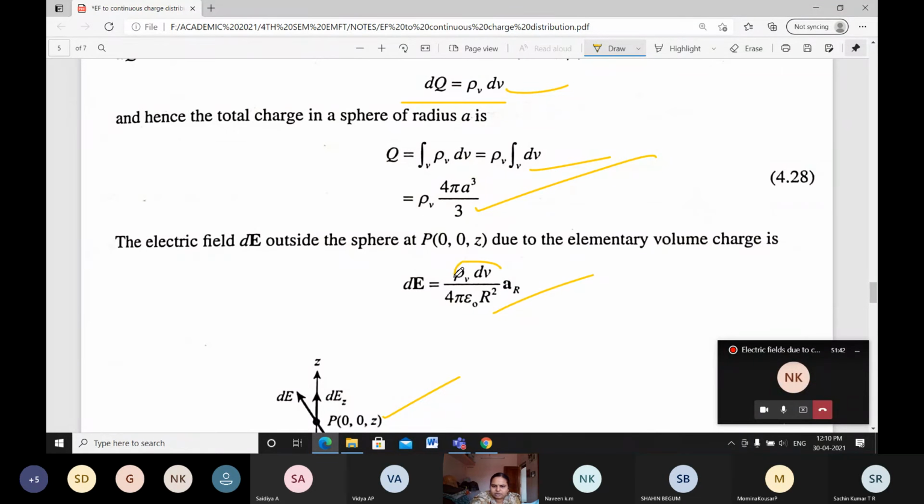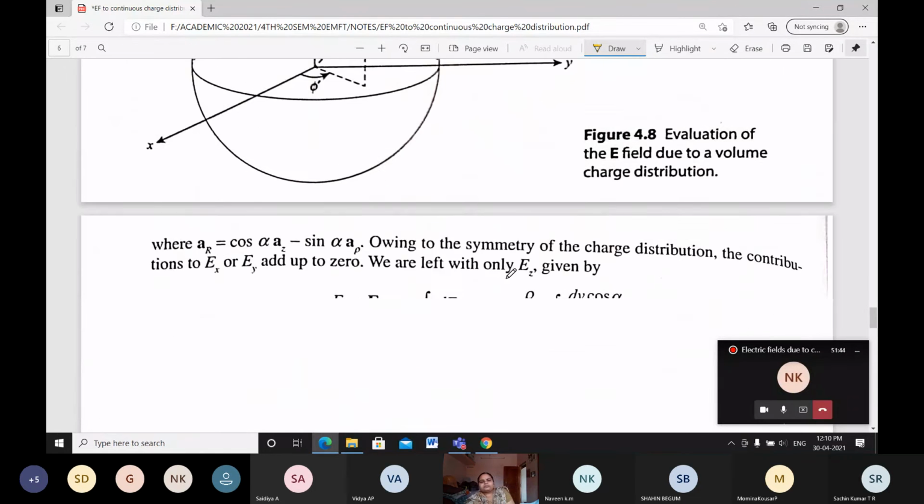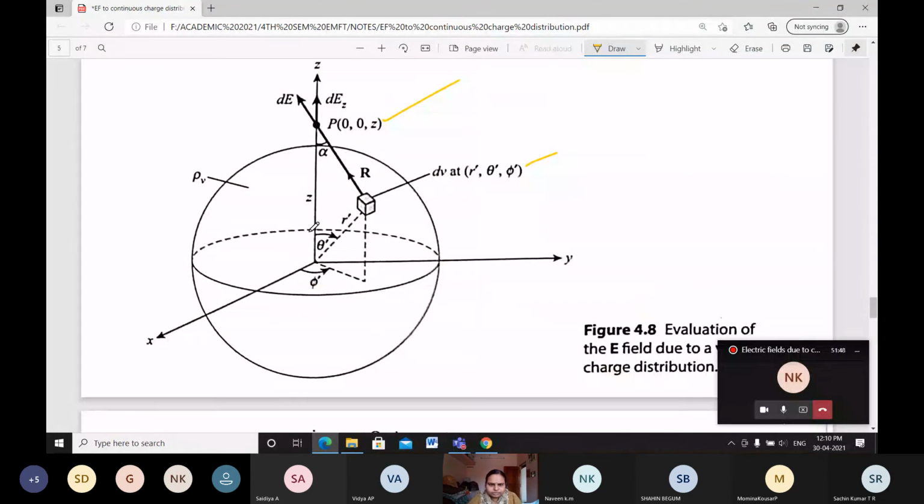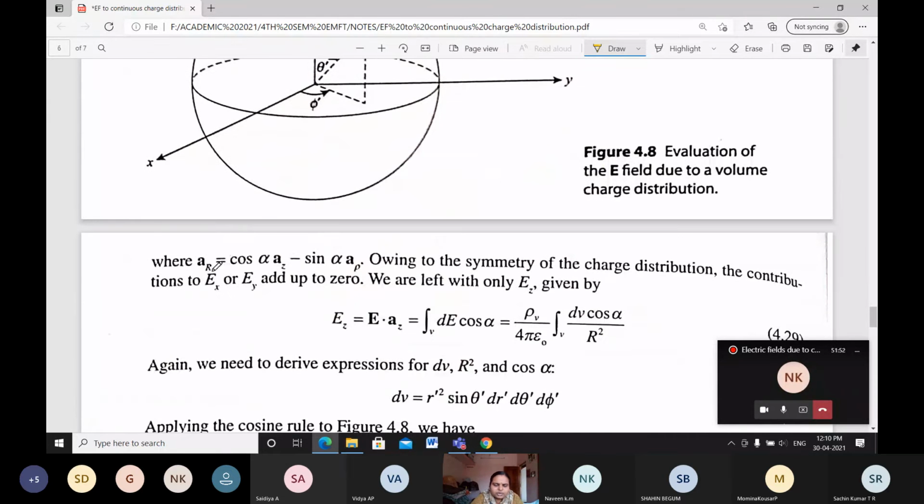Only this part has changed. Here the unit vector AR is cos alpha AZ minus sin alpha A rho. Just note this point.